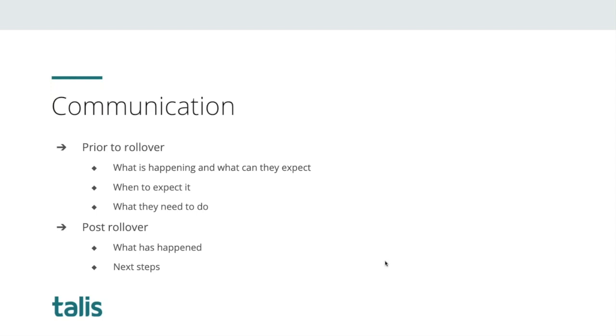So in terms of communication, we talk about prior to rollover, and that would be wording people up on what's going to be happening and what they can expect from rollover, when they can expect it to occur, and what they need to do afterwards, what you're expecting them to do in order for the rollover process to be complete.